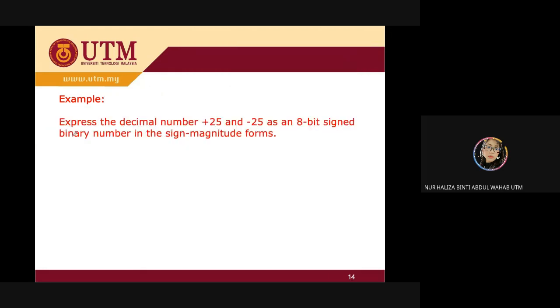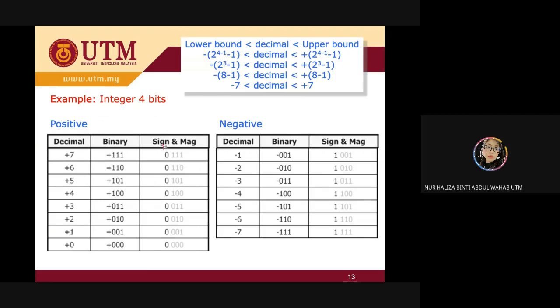This is positive. You can see this is a sign, this is a magnitude, this is sign, this is magnitude. Please take note that it is not showing you 1000, because as mentioned, whether it is positive or negative is up to you, but normally 0 is assumed to be on the positive side.